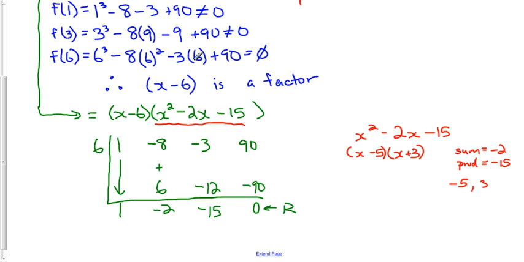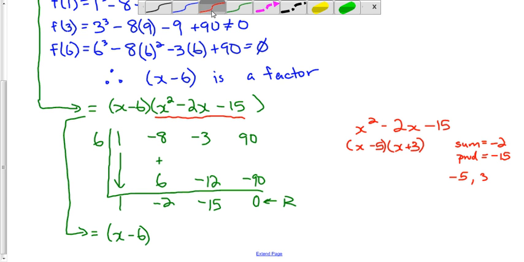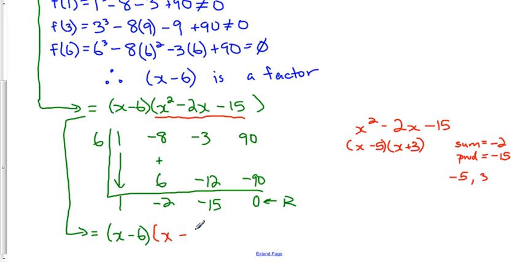So now if we take this and write it again, completely factored, it's going to be x minus 6, and then with the red parts, this whole thing can be written as x minus 5 and then x plus 3.